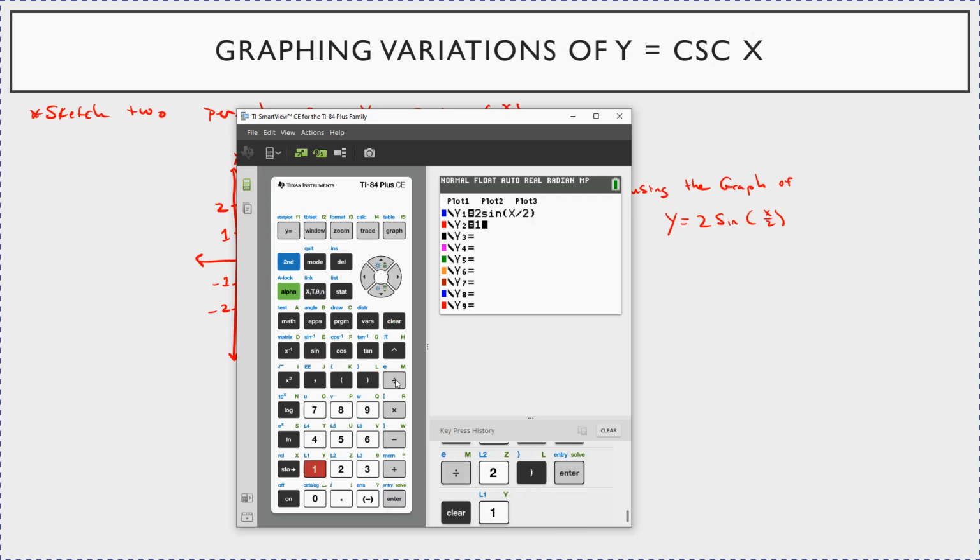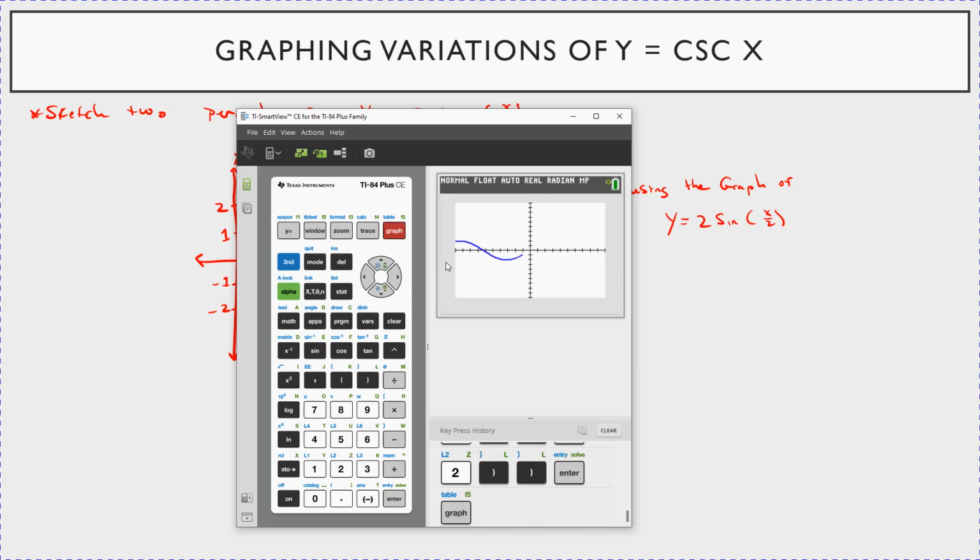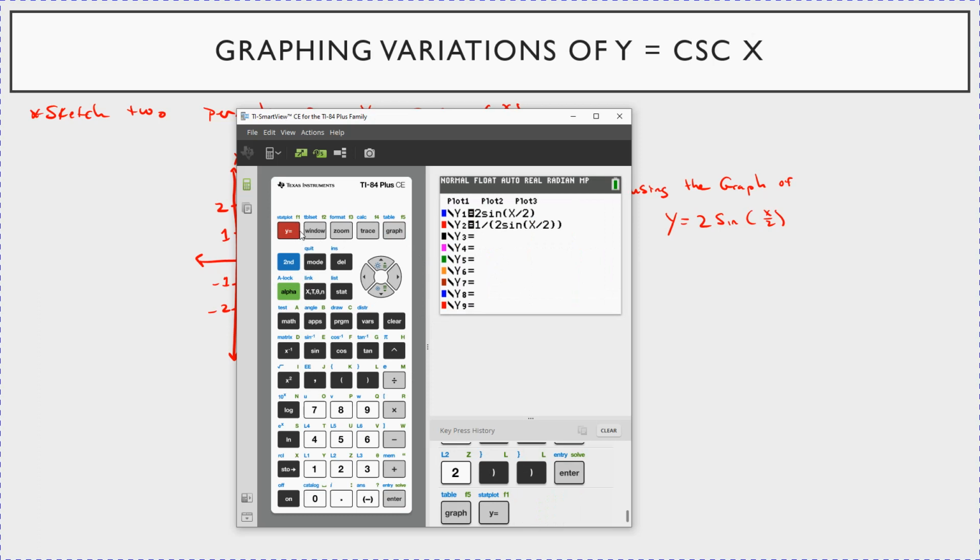And then we're doing 1 divided by 2 times sine of x divided by 2. Oops, so I made a little bit of a... oh, I put the 2. See, I'm sorry. So it should have been... This is my mistake. This is why you got to be careful.